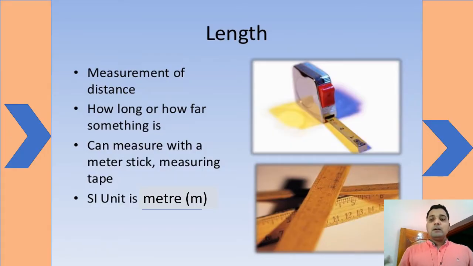So how much length, how much path, or how far something has covered is the length. Length has the SI unit meter. It has some bigger units like kilometer and some smaller units like centimeter, millimeter. So in this video we'll discuss different instruments which are used to measure this length, such as the length of a given wall.